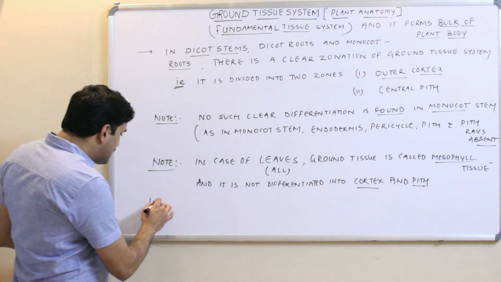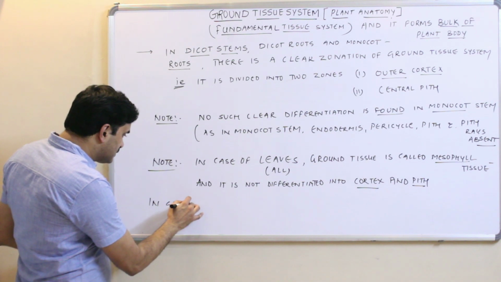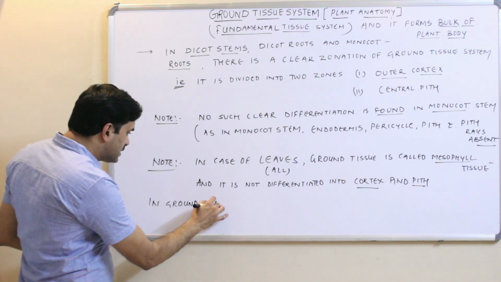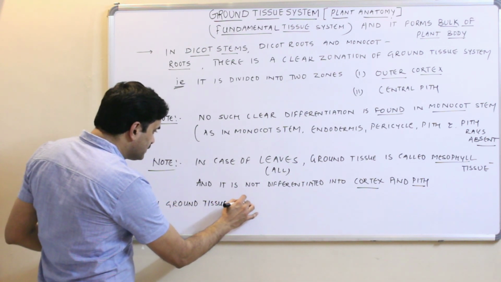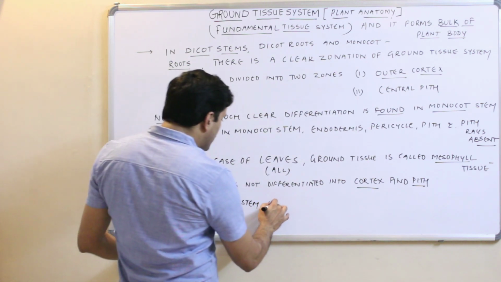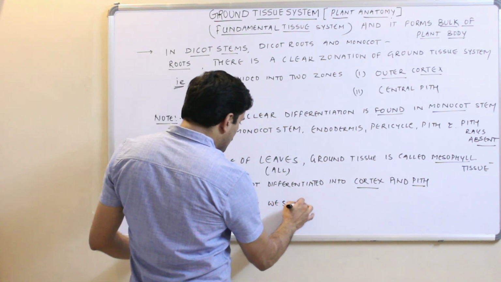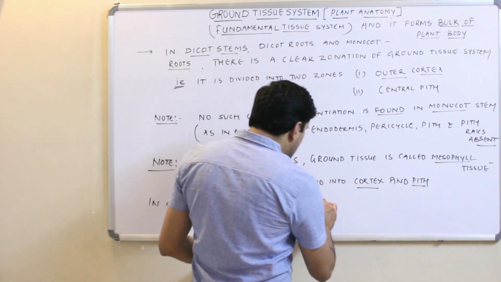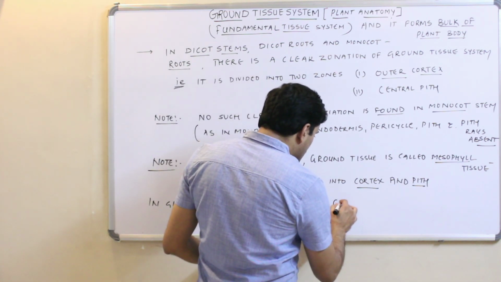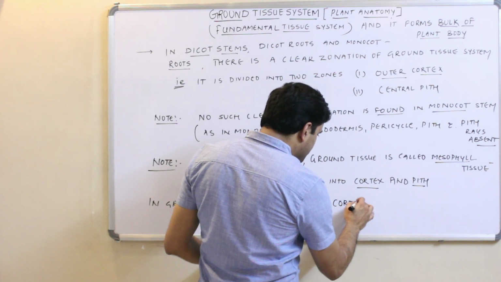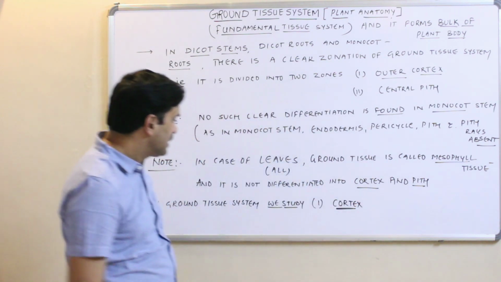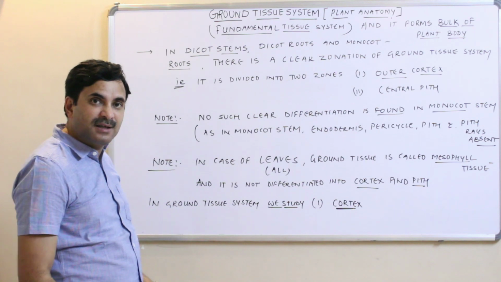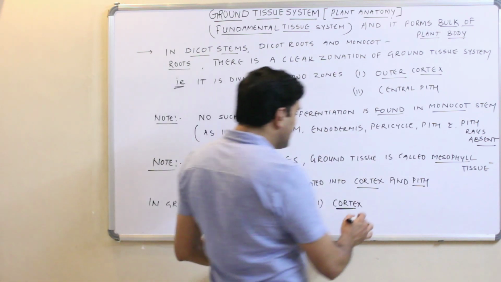Now, in ground tissue system we study, number one, cortex.